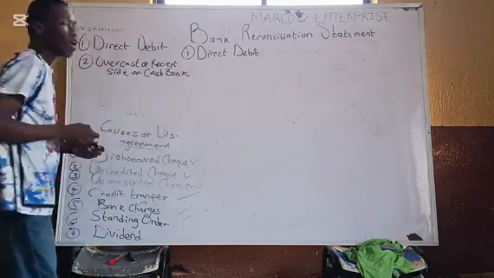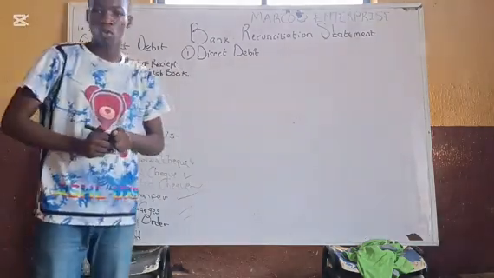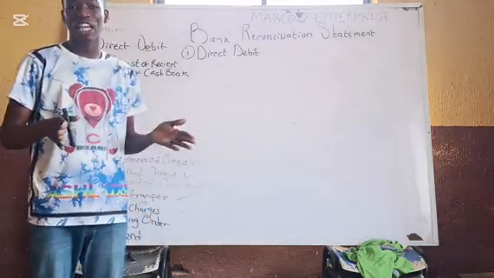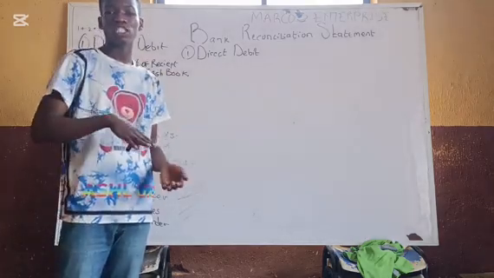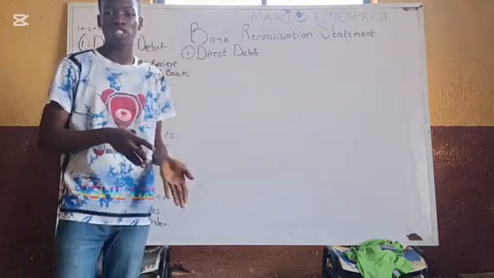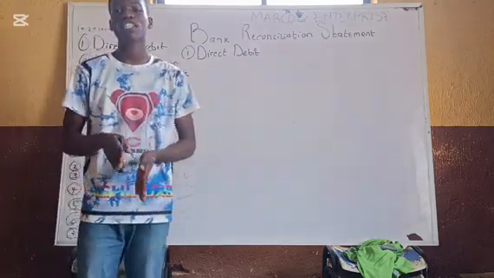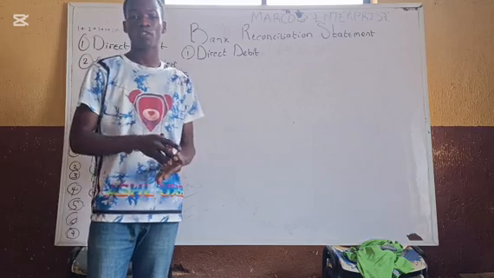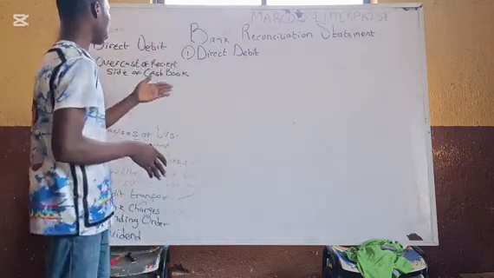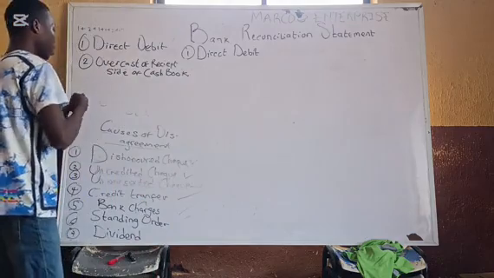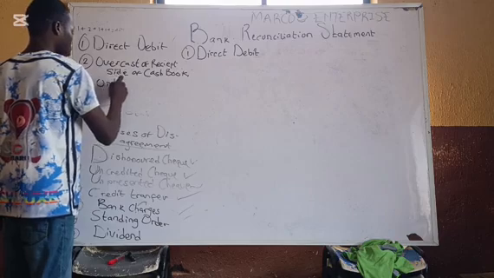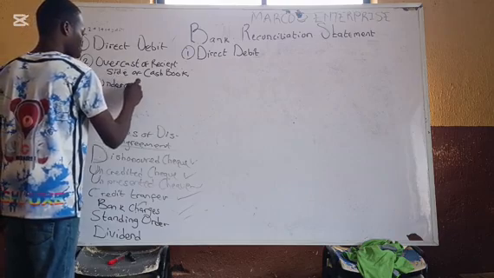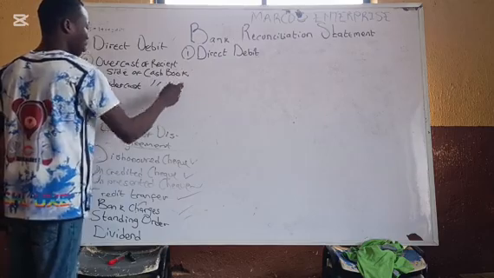So when you are trying to balance the cash book, the receipt side of the cash book is overcasted. It should be 20 naira, but you recorded 15 naira. So it means you have overcasted the amount. Therefore, this is going to cause a disagreement. Also, we have undercast of the receipt side of the cash book.